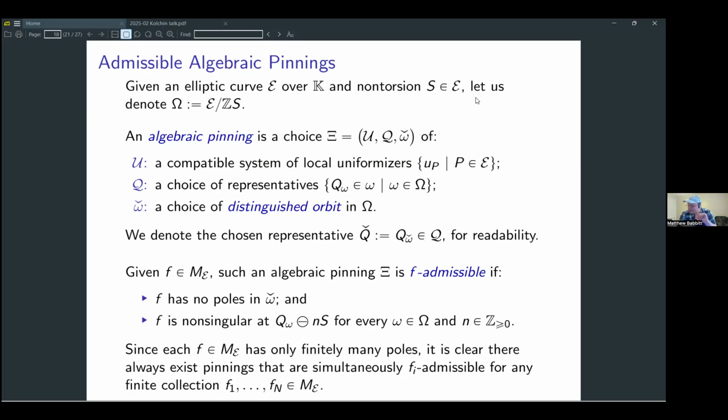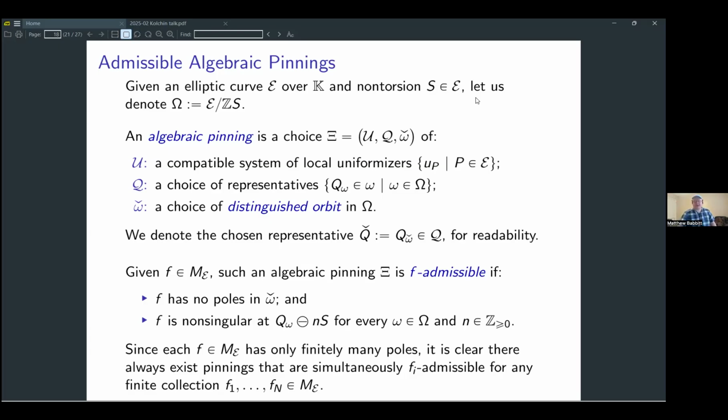We're going to call a pinning f-admissible if the function doesn't have any poles on the distinguished orbit and it is non-singular to the left of all the representatives of the orbits. So f being non-singular at Q_omega minus nS when n is non-negative.